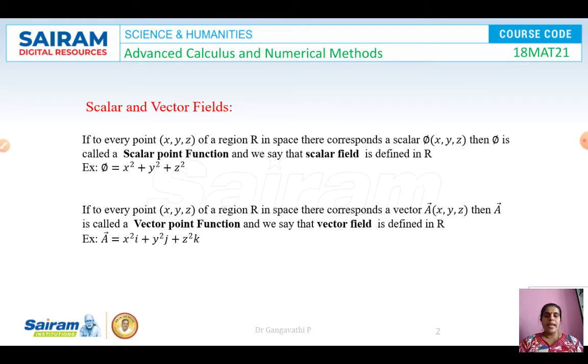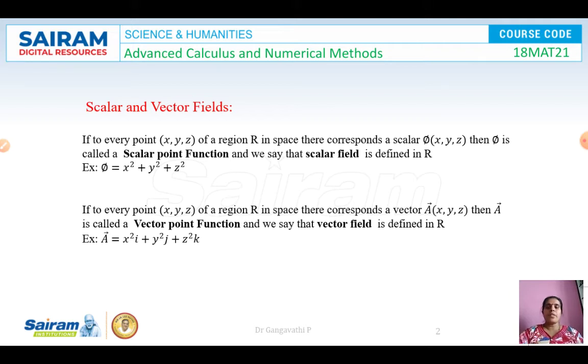So what are scalar and vector fields about? Whatever fields we discuss in vector calculus will be with respect to three-dimensional geometry. Once there is a three-dimensional geometry, there will be coordinates x, y and z.